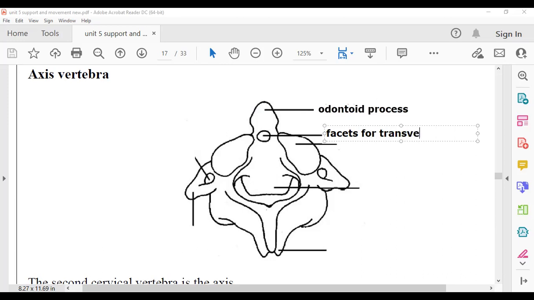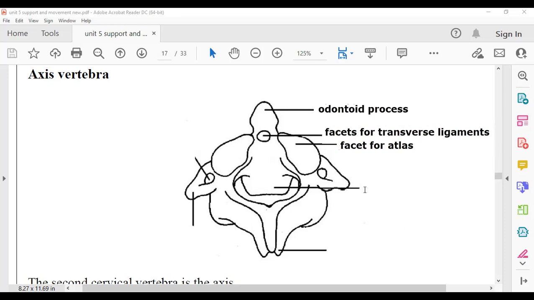And this one? Facet for atlas. Right. They are the main three new ones.